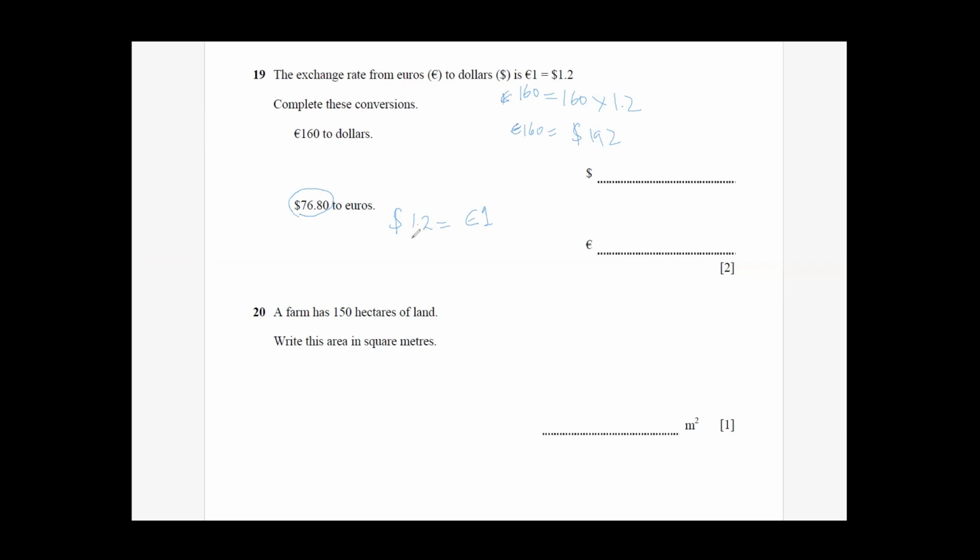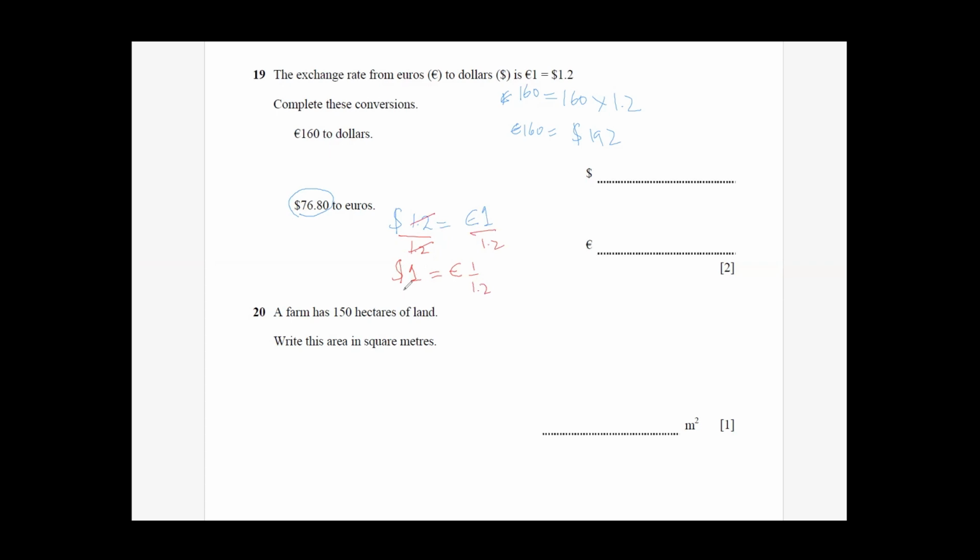Dividing it by 1.2 on both sides, we can have the resulting equation for $1. That is 1 over 1.2, which is 0.8333, or let it be 1 over 1.2 euros. For now 76.80, we need to multiply both sides by 76.80.